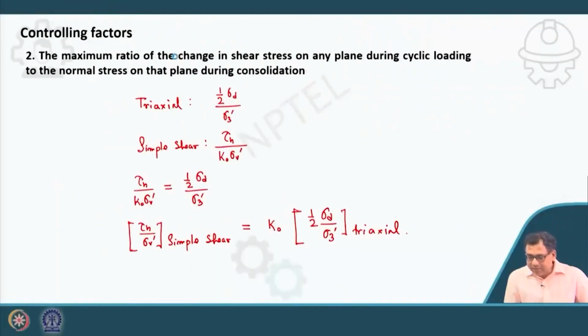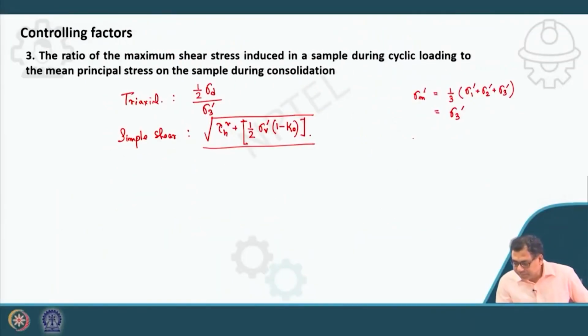So I can write the mean effective stress, this is for triaxial. The mean principal stress during consolidation will be sigma m bar, that will be 1/3 (sigma v dash plus k0 sigma v dash plus k0 sigma v dash).